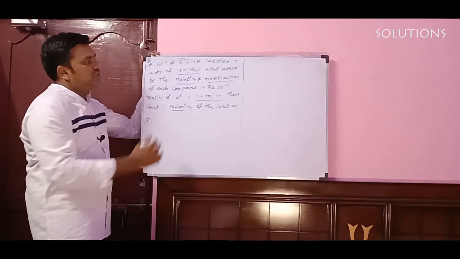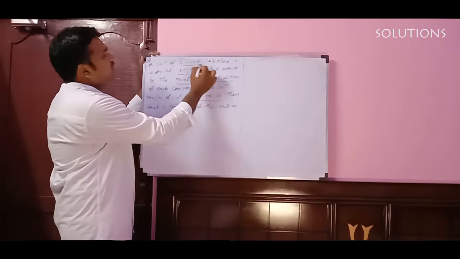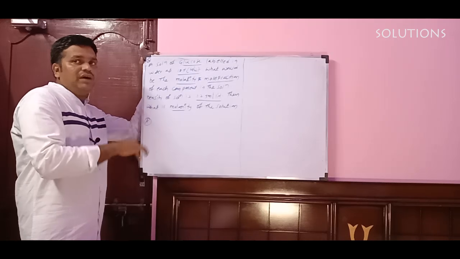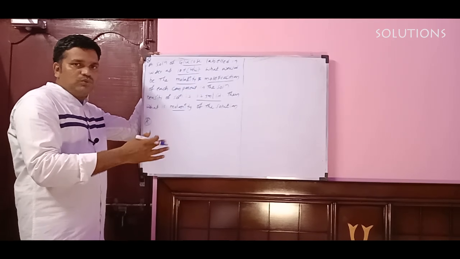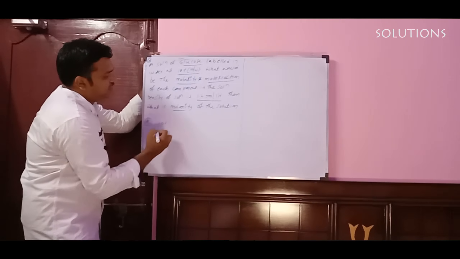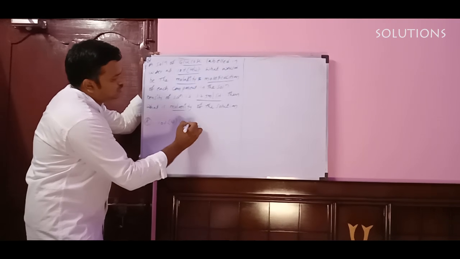The weight percent given here is 10. What compound do we have? It is glucose only. A glucose solution means glucose plus water. What percent do we have? 10% weight percent of glucose.